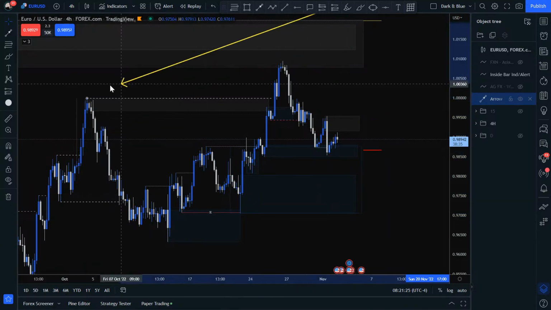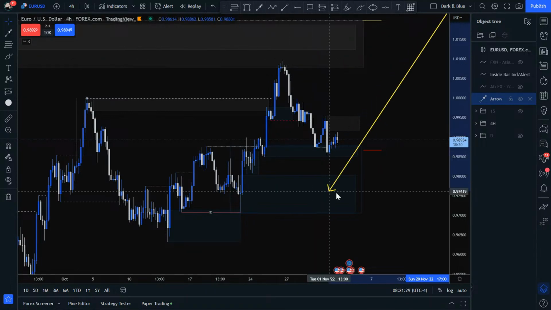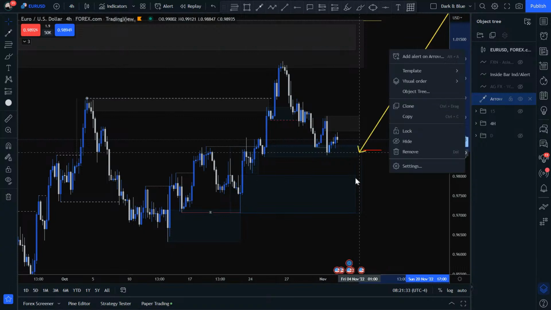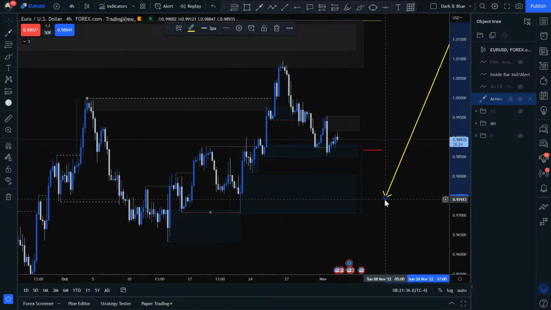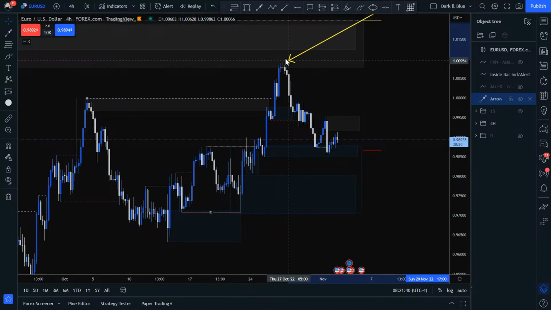As we make a higher high, higher low, higher high, we could be making a higher low somewhere around here to make a higher high. That's the potential. On the other hand, we have a bearish reaction to a higher time frame supply.